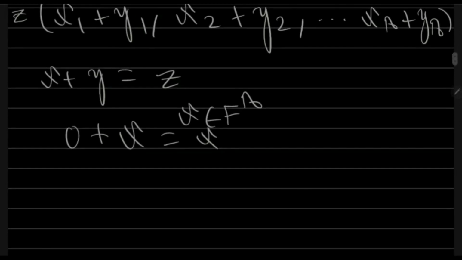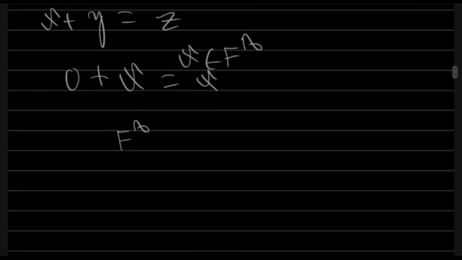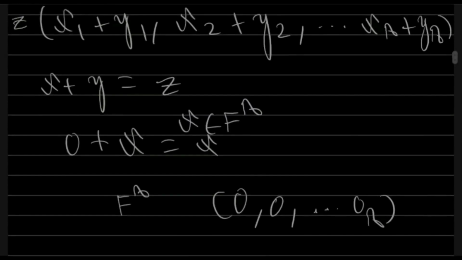And for Fn, for all vector spaces that are inside Fn, that's just going to be zeros for every value of n. So it's going to be a list where each element is 0 and the length is n.